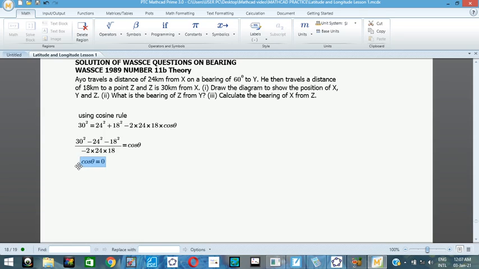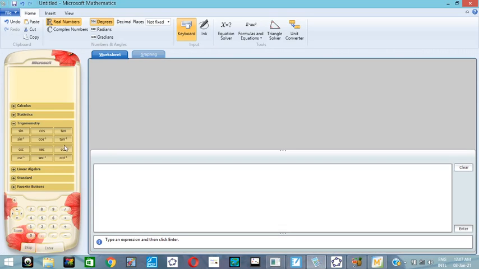So if cos theta is equal to 0, that means theta is going to be what now? Let's just confirm with our calculator. The cos inverse of 0 is what?